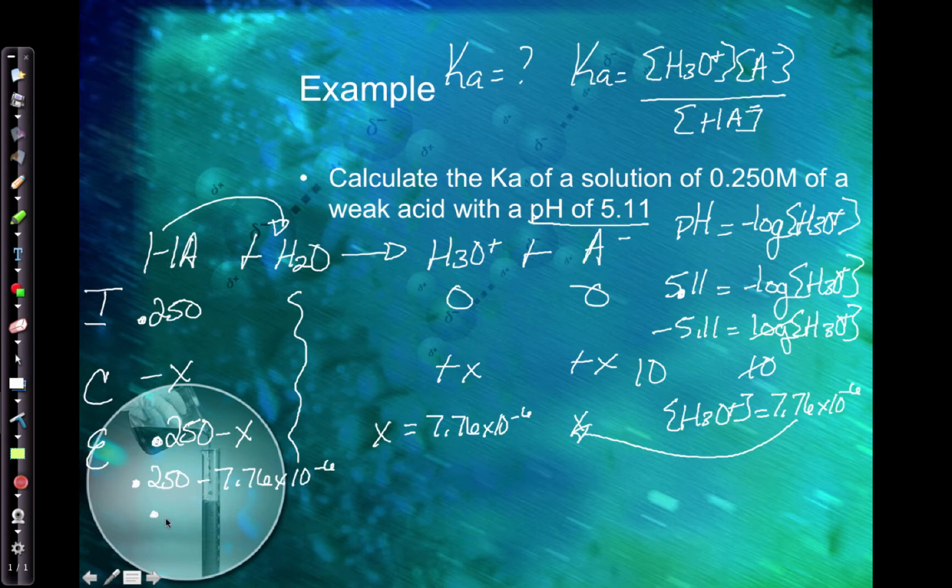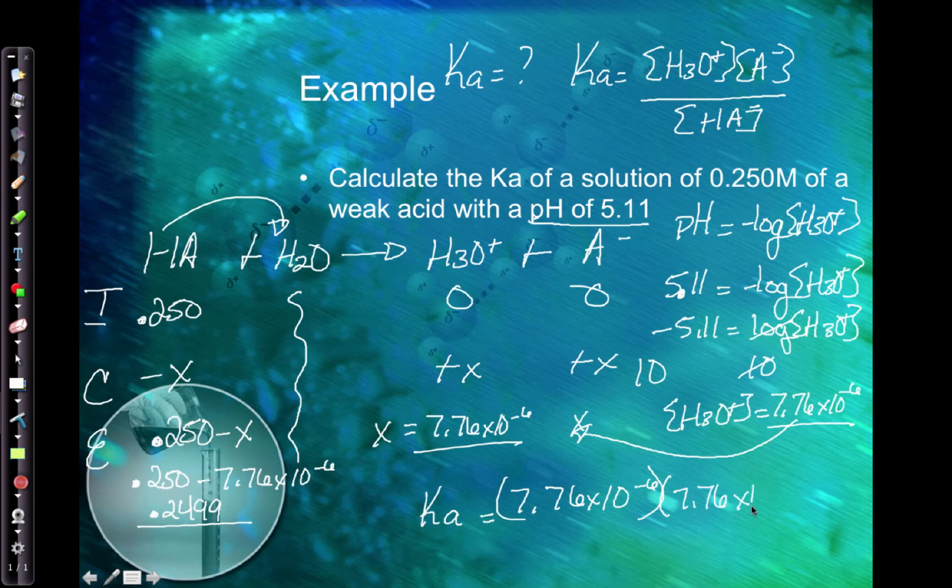So you get really, really close to 2.25 here. It's 0.2499. Well, I have this concentration, I have this, and I have this now. So now I can just plug everything into the Ka expression. So Ka is equal to the concentration of hydronium, which is this, times the concentration of the conjugate base, which is this, divided by 0.2499.